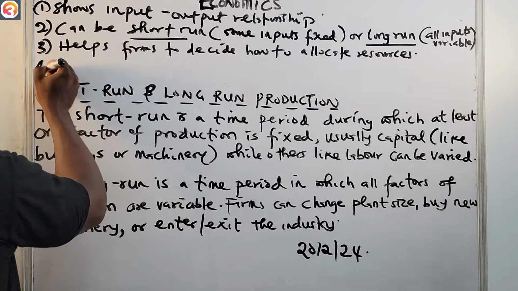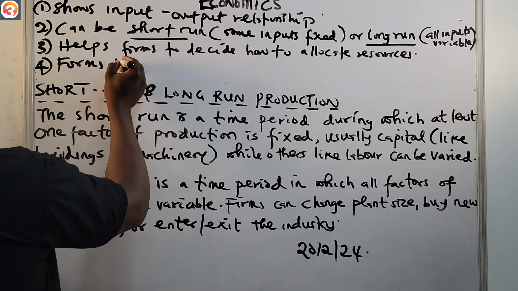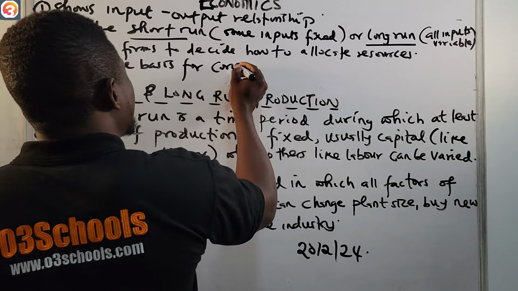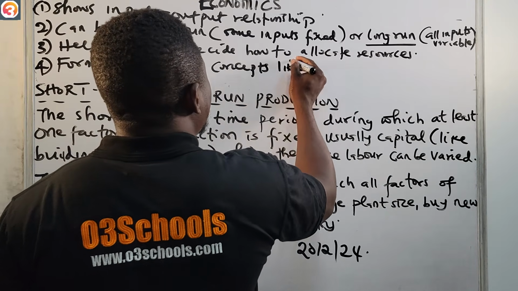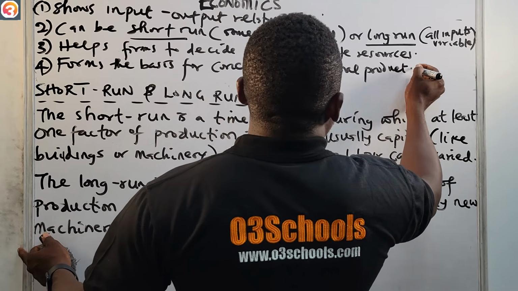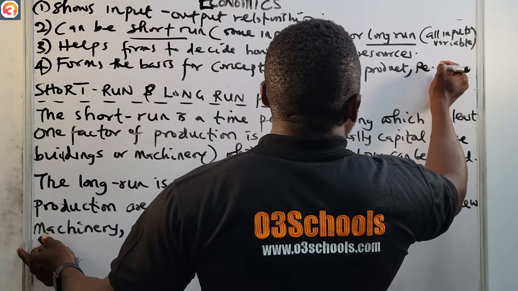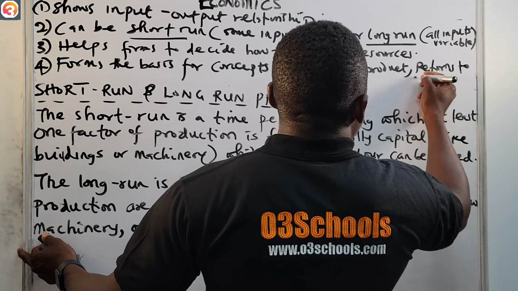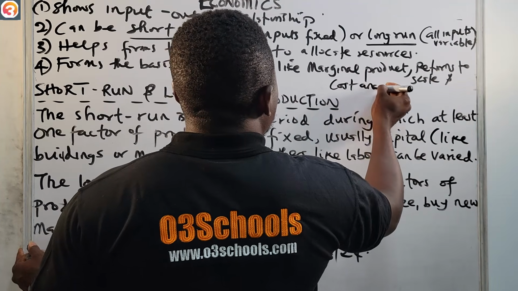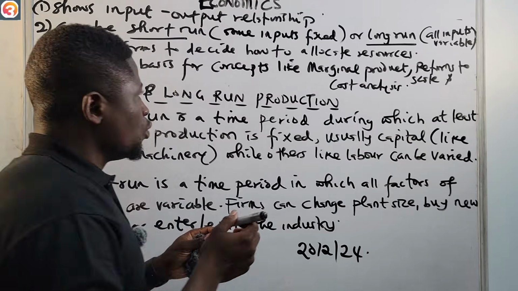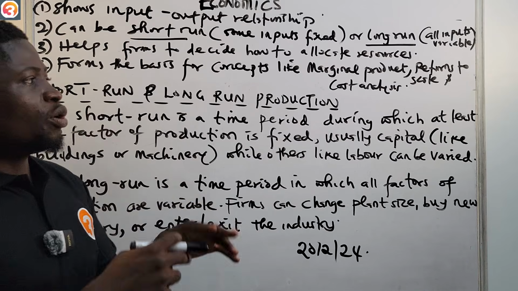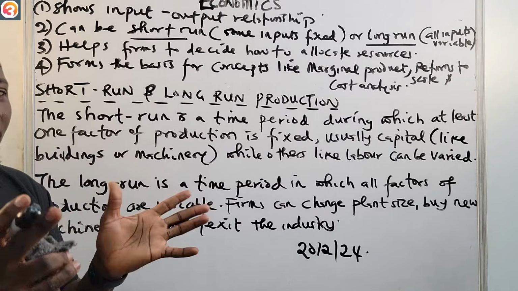Number 4, we say that it forms the basis for concepts like marginal product, returns to scale, and cost analysis. All of this we are going to see in detail later on.